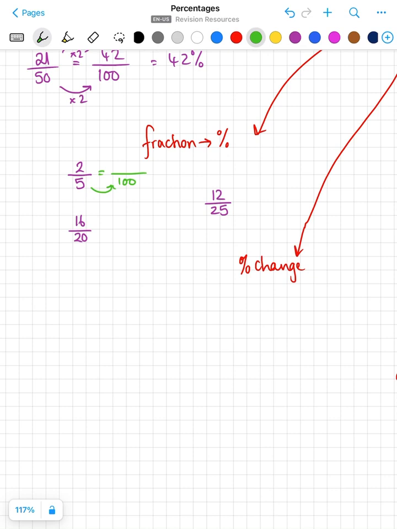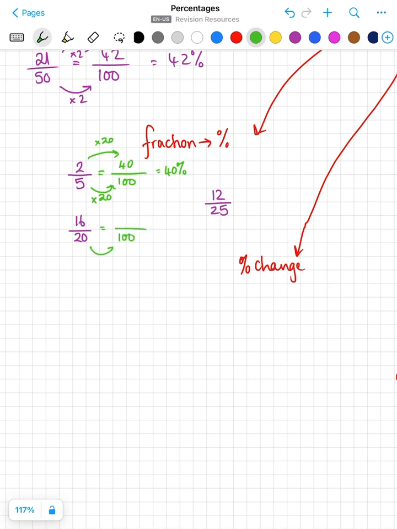So we want equivalent fractions. We want to make the denominator 100, but the proportion of the fraction is still 2/5. So what do we need to multiply 5 by to make it 100? We need to multiply by 20, so we do the same to the numerator. So that's 40%.